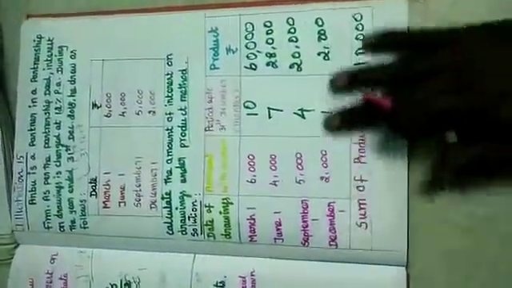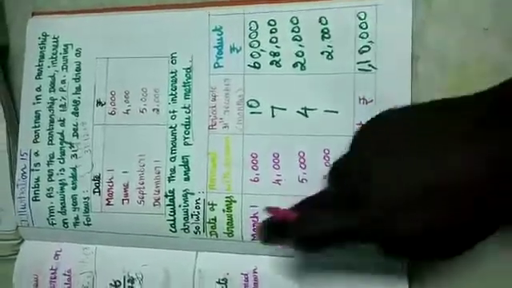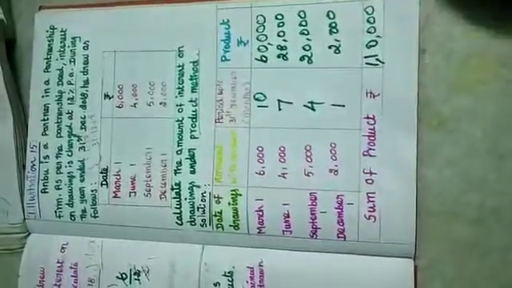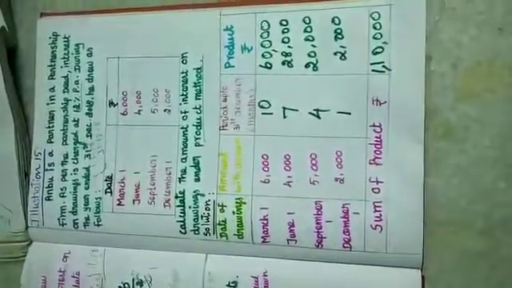So interest on drawings is rupees 1,100. You see here, when you calculate the interest on drawings under the direct method as well as under the product method, the interest on drawings amount will be the same, but the procedures will be different. So when you read the question paper, read it with attention.